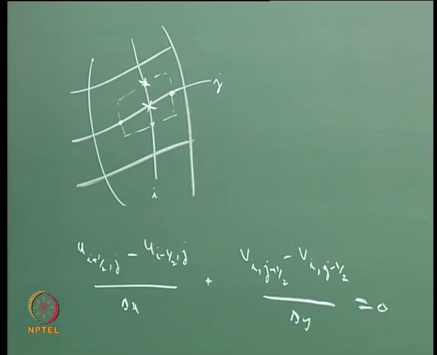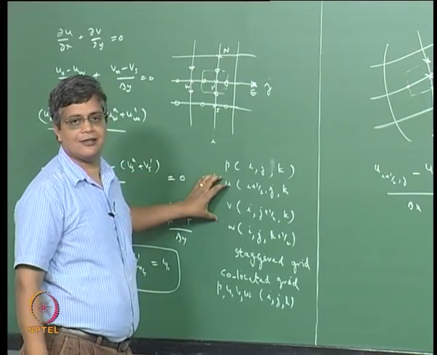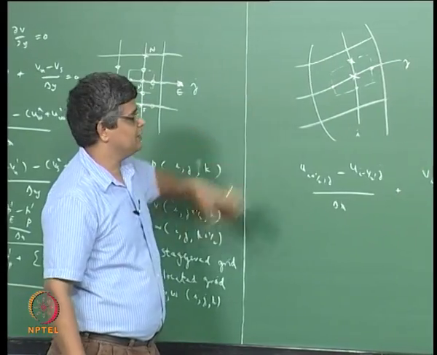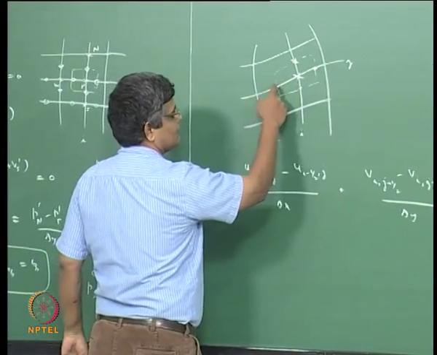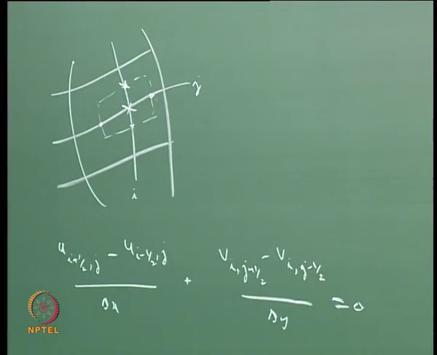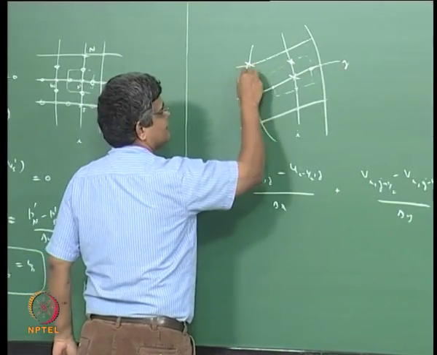These are readily available from the momentum equation on a staggered grid, whereas in the case of a collocated grid, these velocity values are not available here, and that is the great advantage of the staggered grid. So we know the velocities only at these points here.